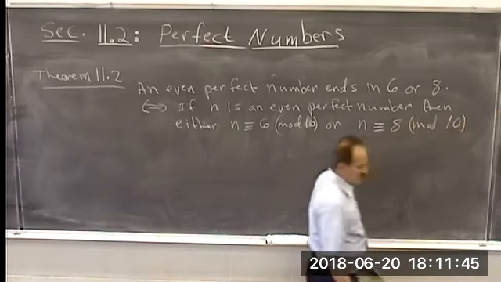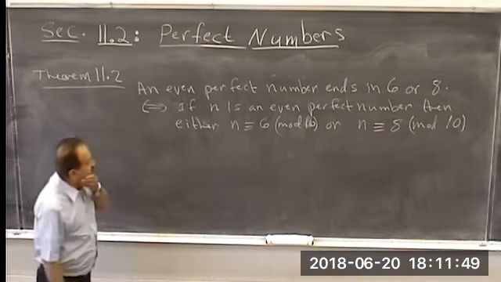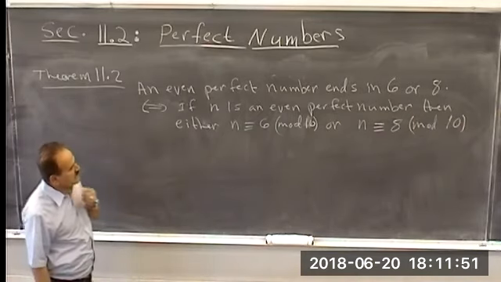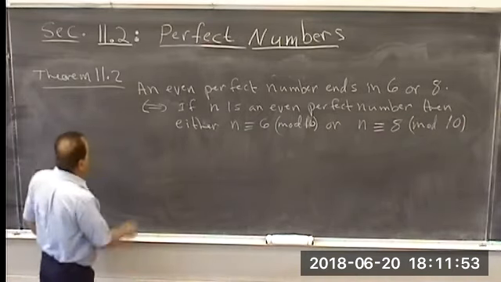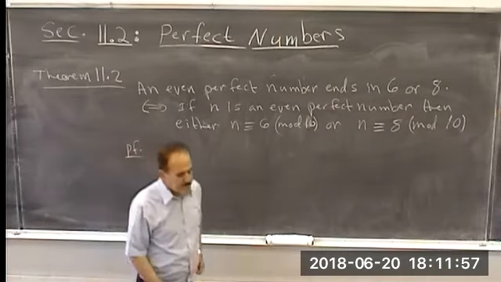So this is the same as saying that the units digit of an even perfect number is 6 or 8. And the proof is very straightforward, actually.